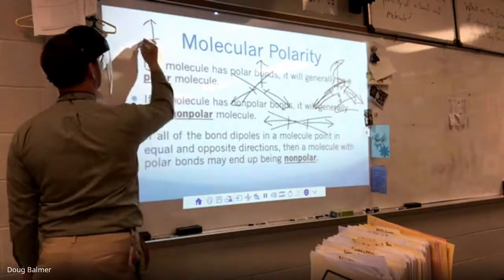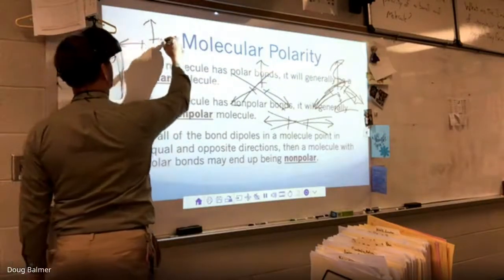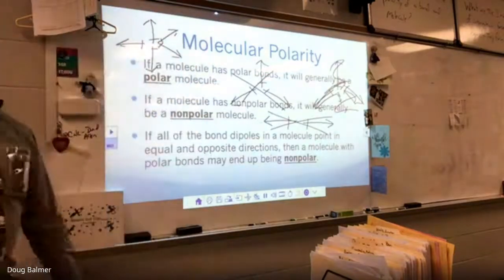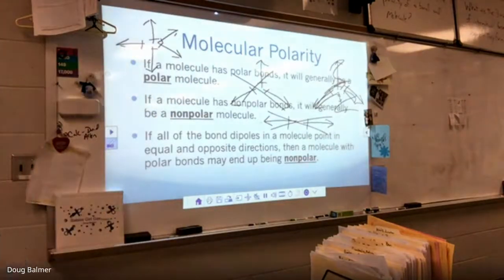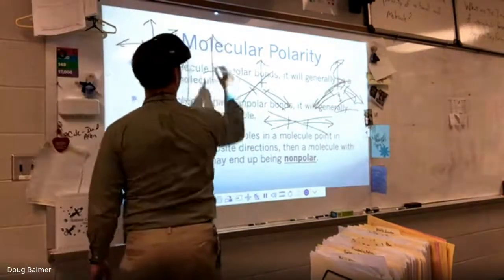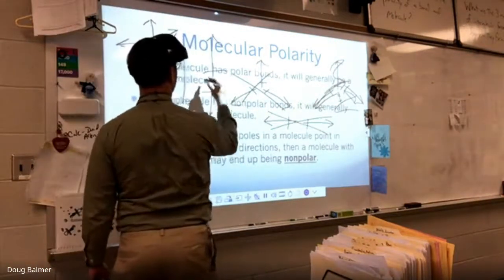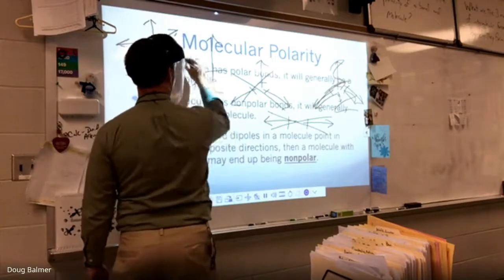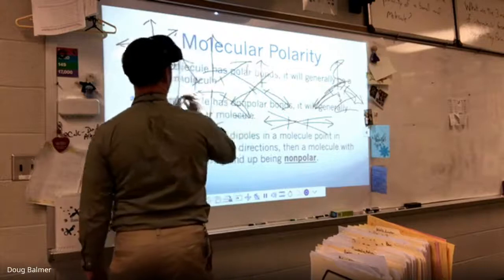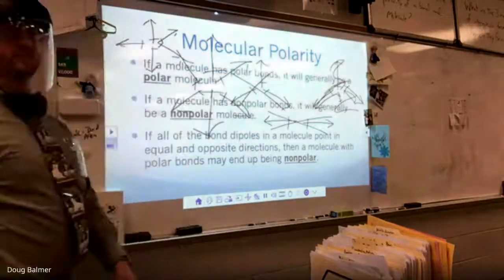They cancel. One goes this way, one goes back this way, and one comes out this way. Again, very symmetrical. All of those arrows would cancel. And then the octahedral shape. One goes up, one goes down, one goes back this way, one goes out this way, one goes back this way, one comes out this way. All of those arrows would end up canceling.